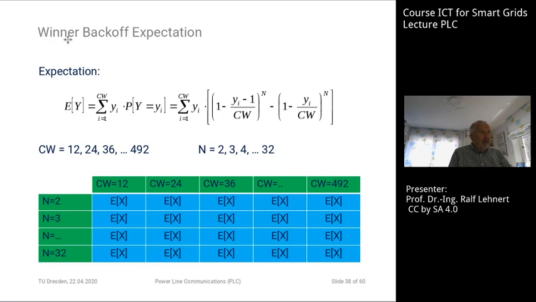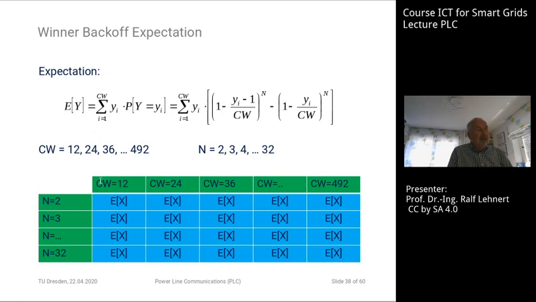So we do need a calculation, or let's say an approximation, to calculate the number of active partners, active transmitters in the system. And this can be approximately calculated for certain contention window sizes in this way.